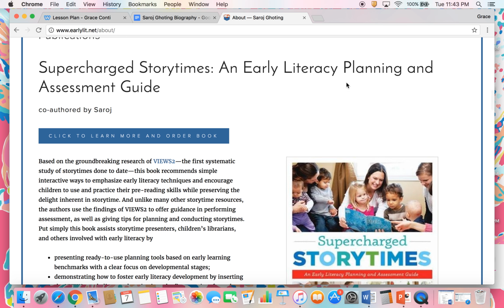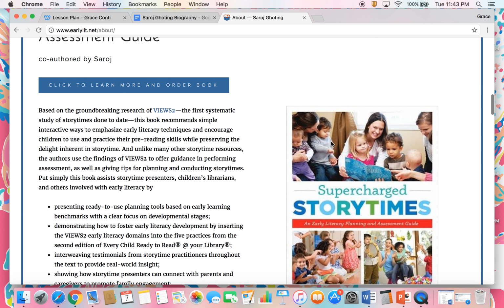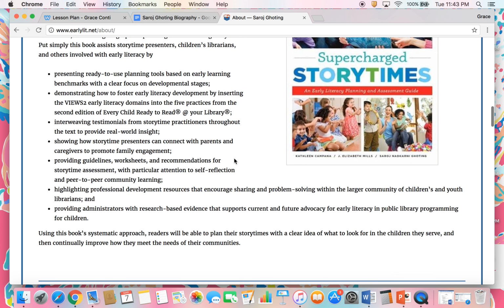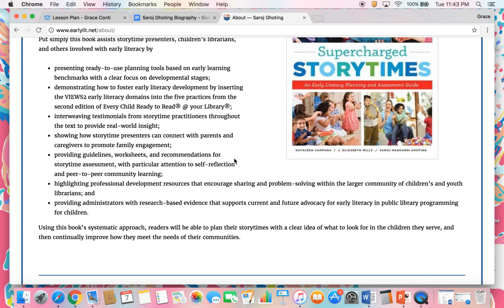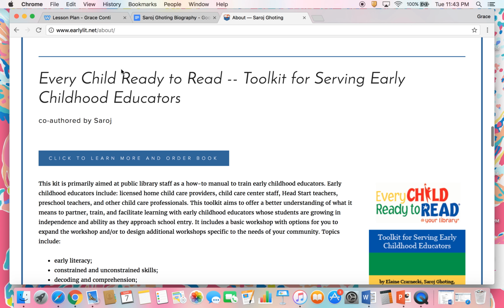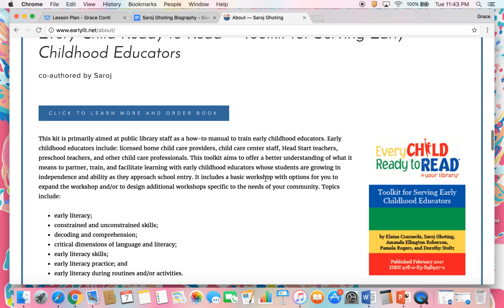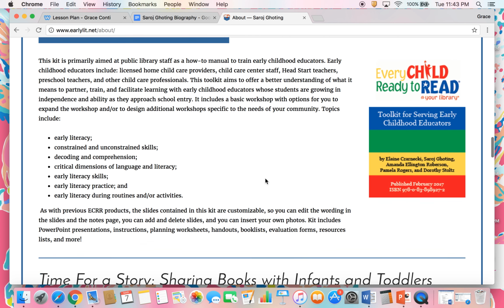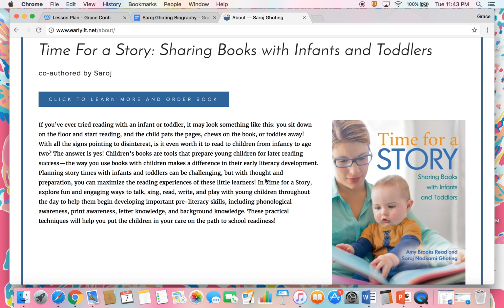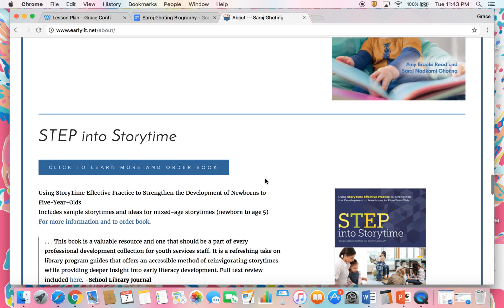early literacy, planning it and assessing it, which I think relates to my read aloud because it relates to literacy. And just Every Child Ready to Read. I think that's important because she gives you tips for preparing children to read and what they should be paying attention to while you're reading to them and what you should be paying attention to while they're reading and responding to you.